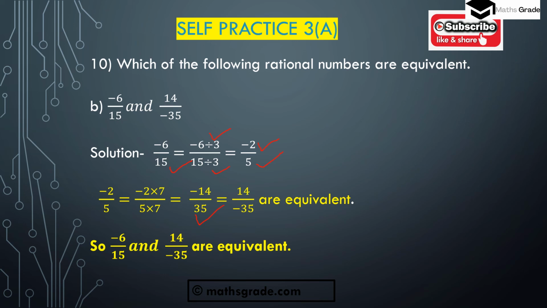So we get minus 14 divided by 35, which is equal to 14 divided by minus 35. So 14 divided by minus 35 is equivalent to the rational number minus 2 divided by 5. So both the rational numbers minus 6 divided by 15 and 14 divided by minus 35 are equivalent. Both are equivalent.